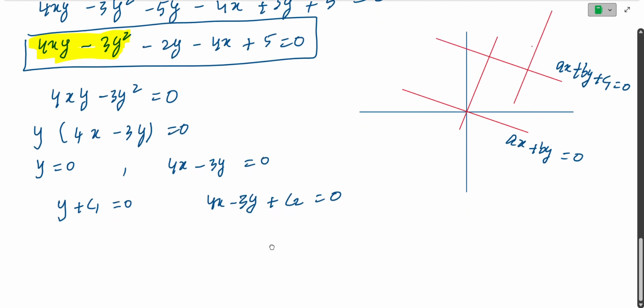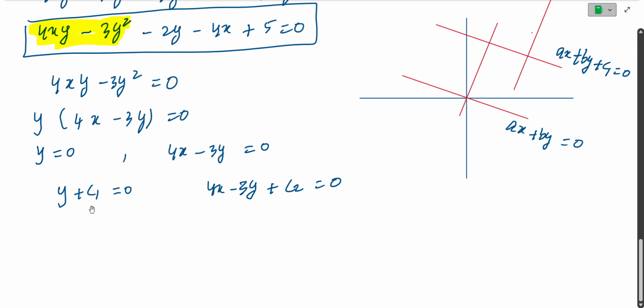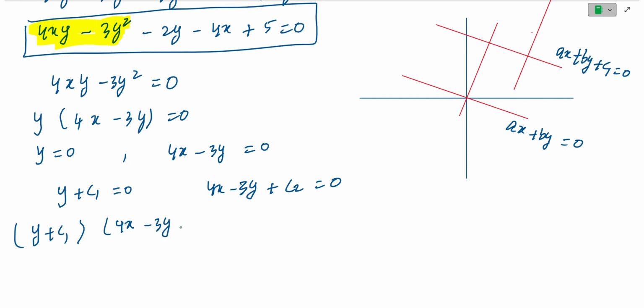So now I'm going to multiply this expression with this expression. That is the meaning of a pair of straight line equation. So y plus c1 times 4x minus 3y plus c2 is equal to 0.